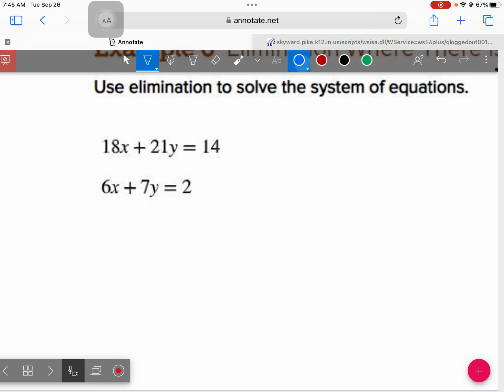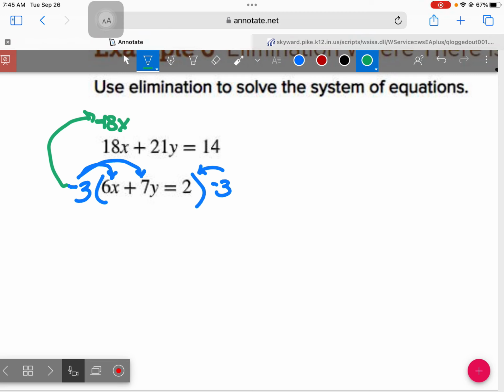So, whatever the case, I'm going to take the bottom one and multiply everything by this negative 3. Okay? And I am going to actually write it above because I like to have these one on top of the other if I can. So negative 3 times 6x is going to be negative 18x, and negative 3 times 7y is going to be minus 21y, equals 2 times negative 3, which is negative 6.